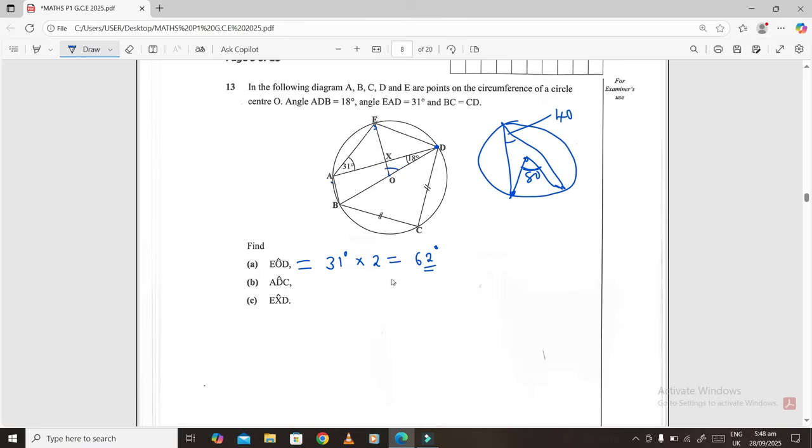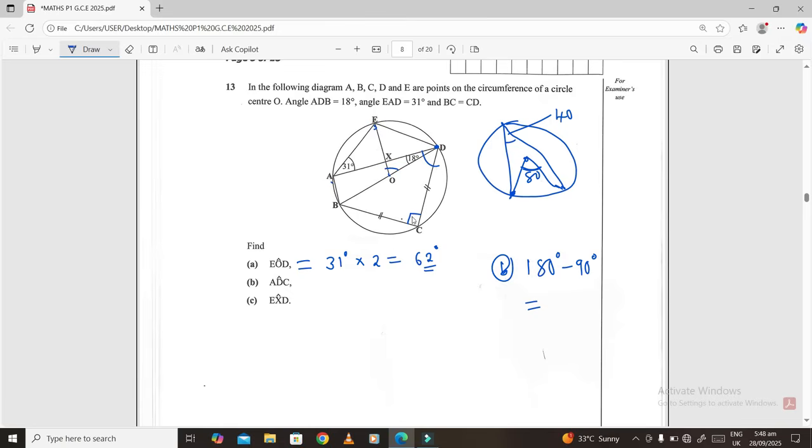So now we go to question B. They want us to find angle ADC. We are looking for this angle. To find that angle, we can say 180 degrees minus 90 degrees. Why am I saying this? I know, of course, that the angle here is 90 degrees.